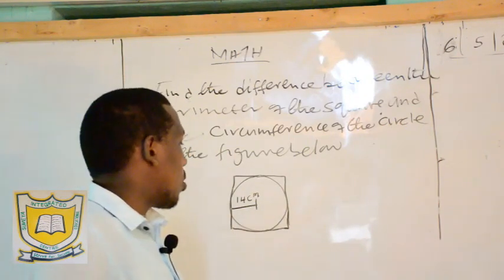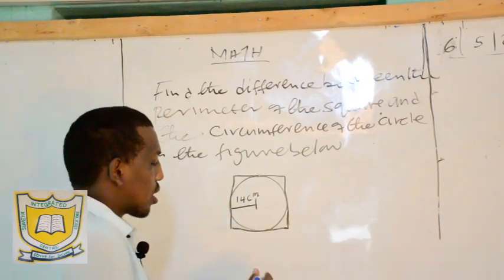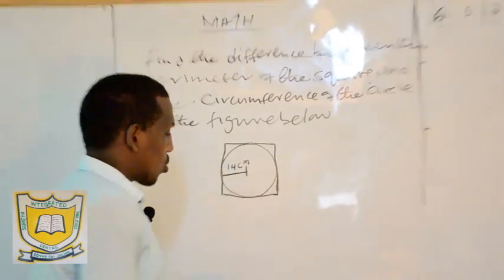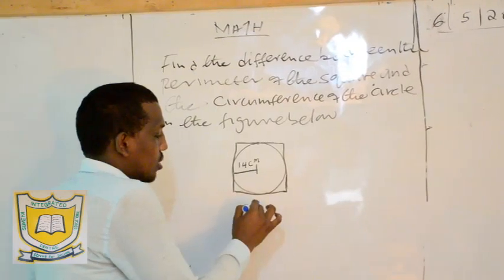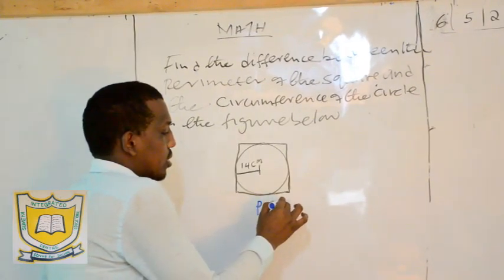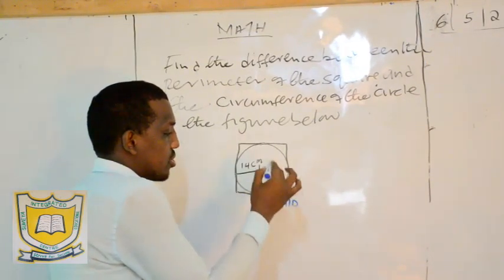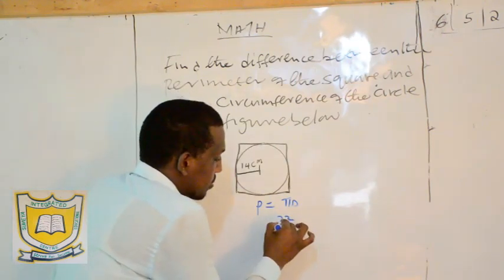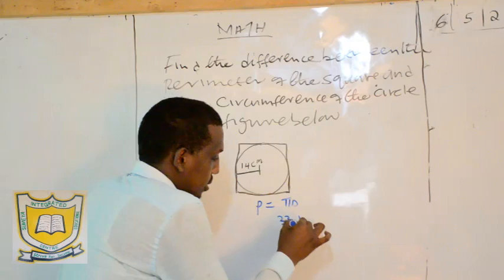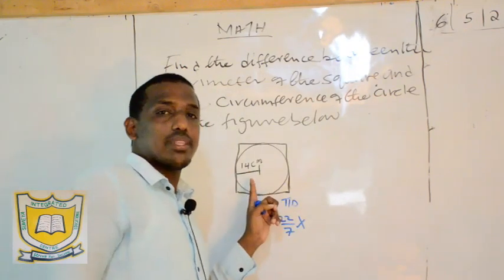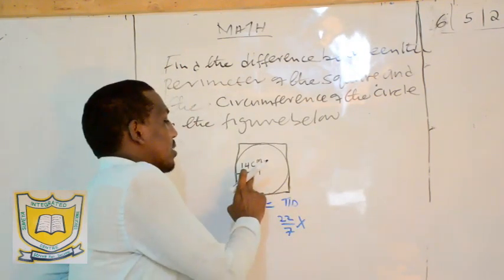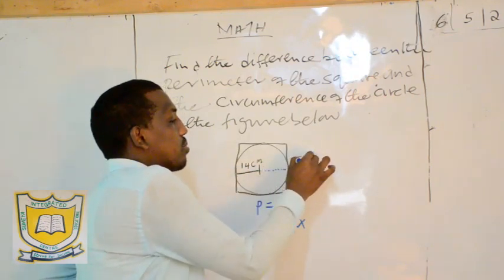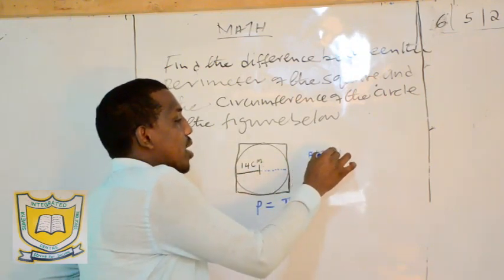So what we do now, first, we work out the perimeter of the circle. Perimeter is equal to pi D. We said pi is 22 over 7 times, now this line is not the diameter, it's the radius. We make it full diameter. When it is full, radius plus radius is equal to diameter.